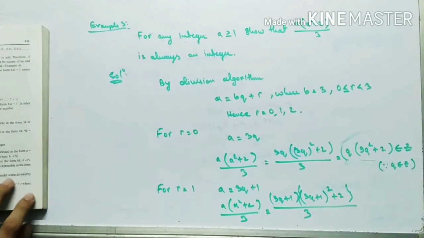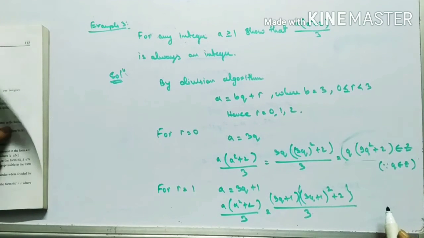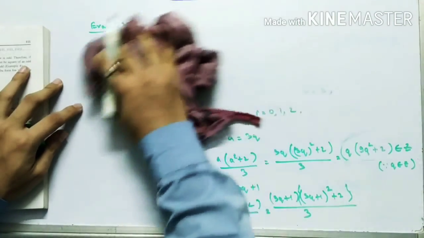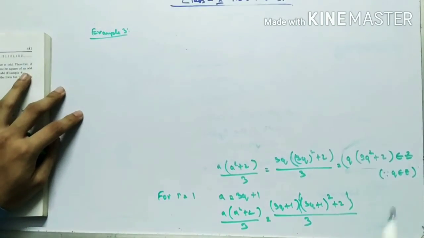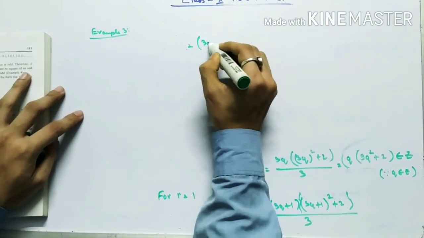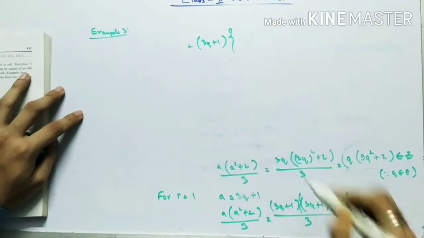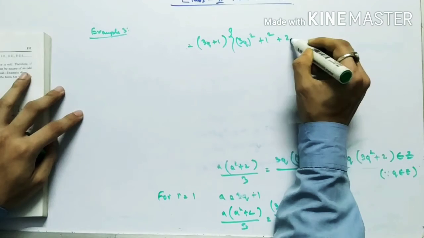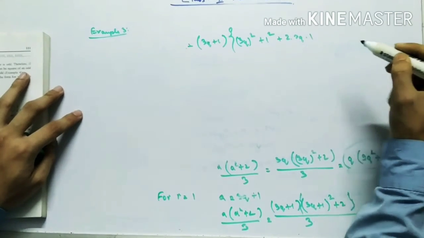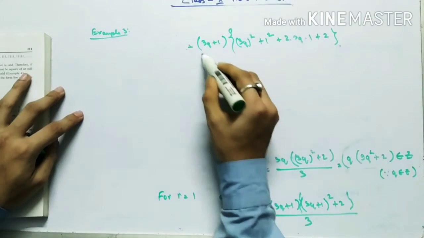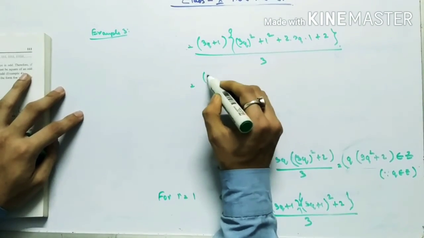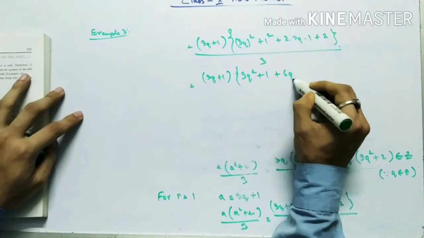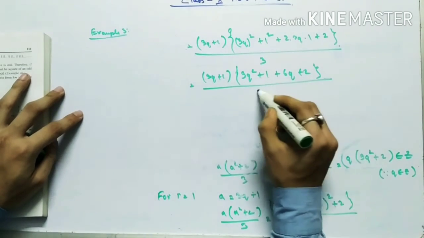Now I will have to break it into the formula. It will become 3q the whole square plus 1 square plus 2 into 3q into 1, plus 2, by 3. This is 9q square plus 1 plus 6q plus 2, by 3.